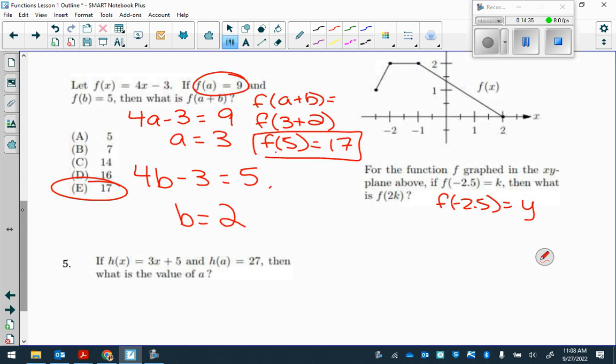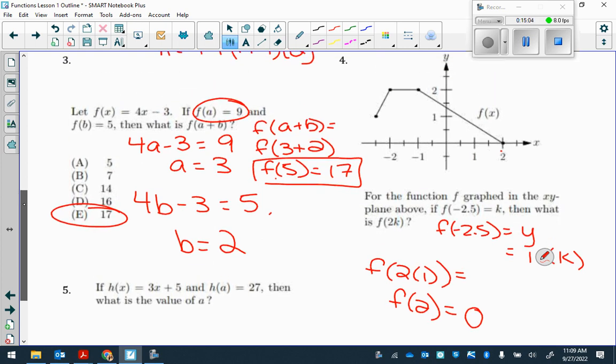What is my y value? 1. So we know this is equal to k. All right? So now we do f of 2 times 1. F of 2, which means x equals 2. What is my y? 0.